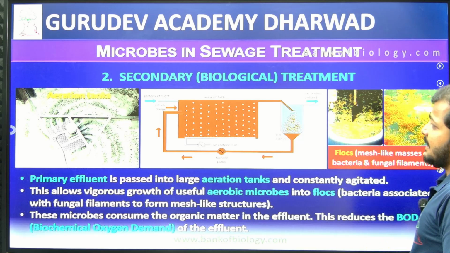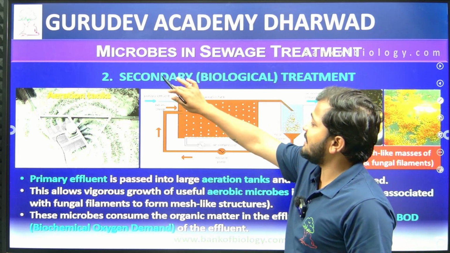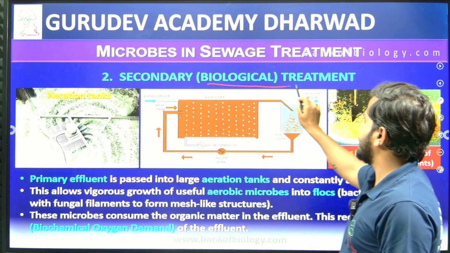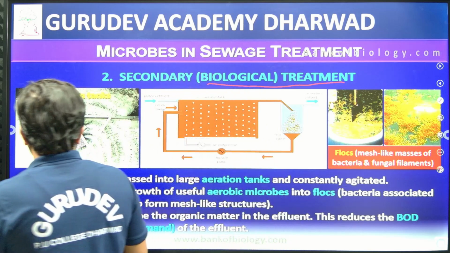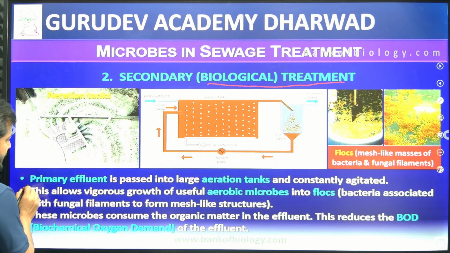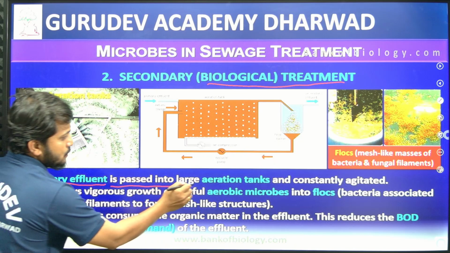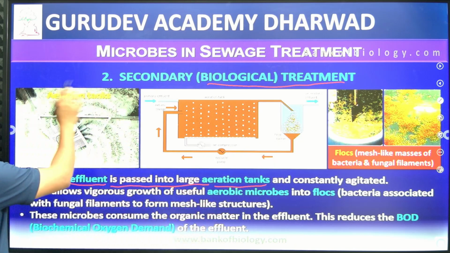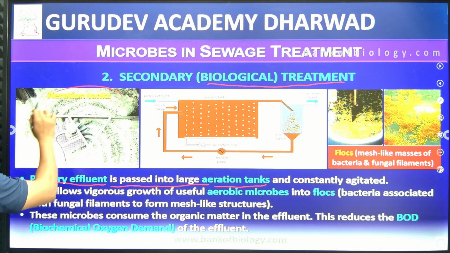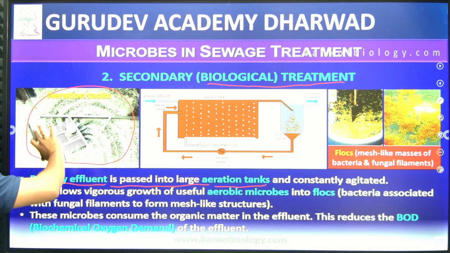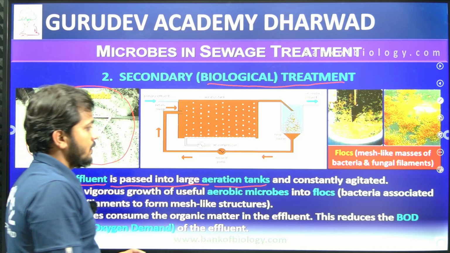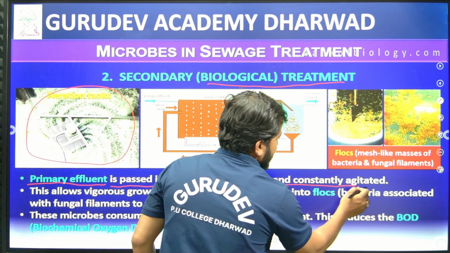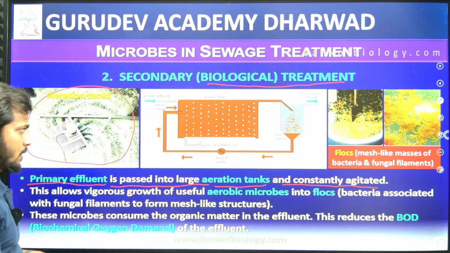Then in secondary treatment, which can also be called biological treatment, the primary effluent is passed into a large aeration tank. With the aeration, the microbes can grow. They constantly agitate this water.